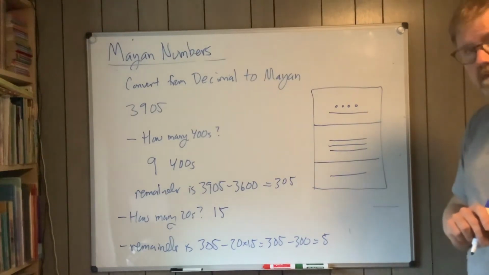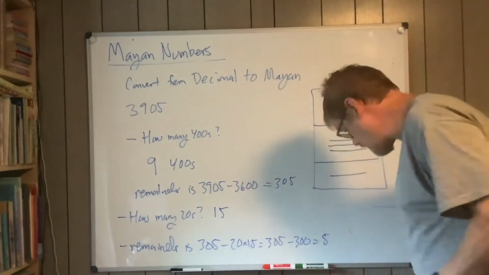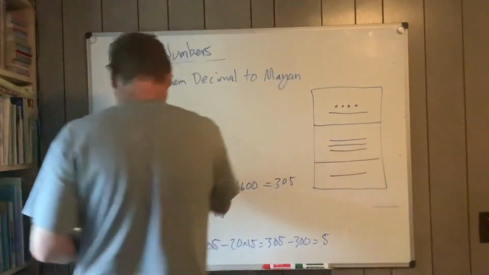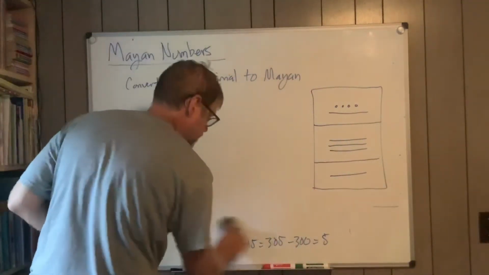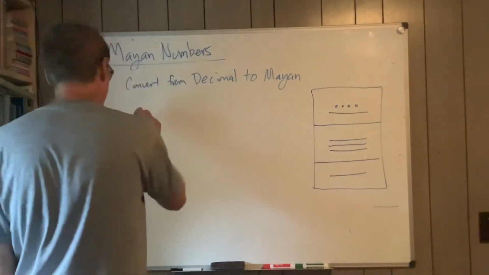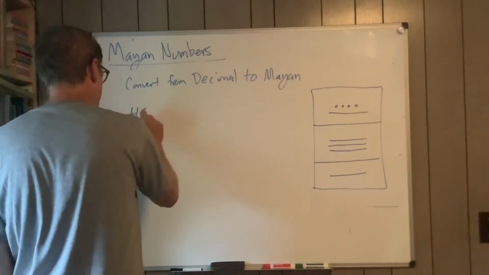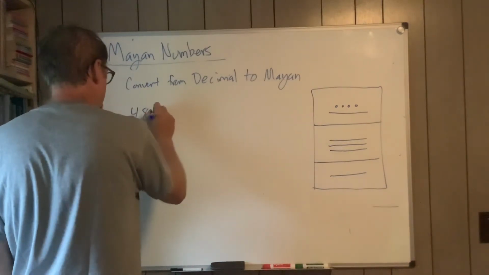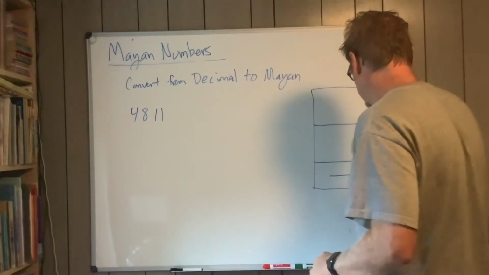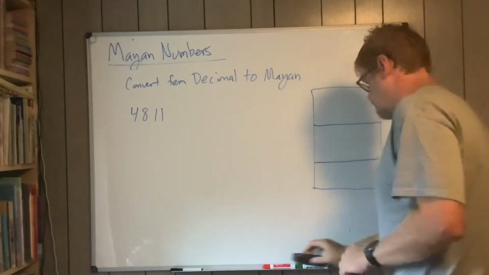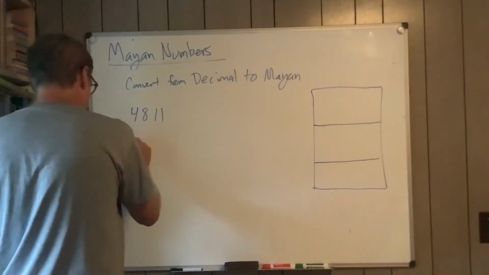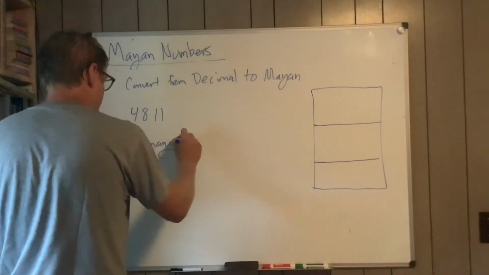Let's try one more as an example. Let's do 4811. Again, how many 400s?